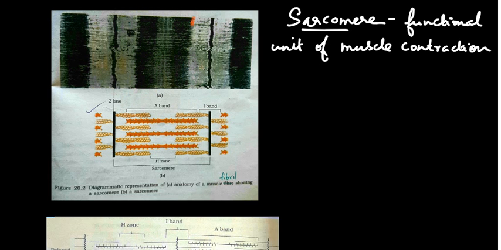whereas the I band is light colored, and that is due to the presence of actin myofilaments or actin proteins. So the light bands we see in the diagram are called I band.